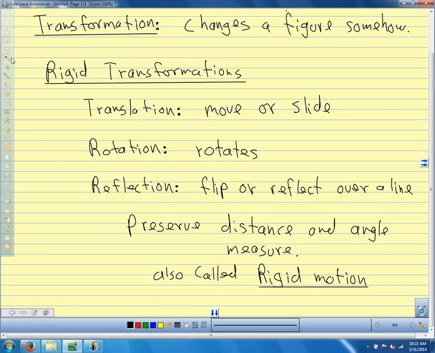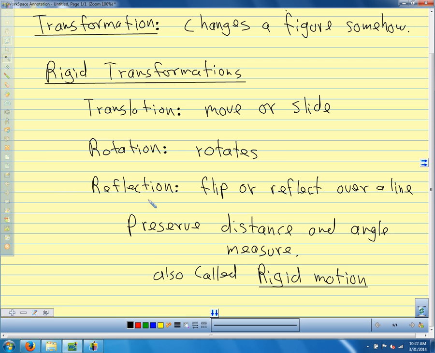So that's going to be our more technical idea of congruence, is if we can take one figure, move it, rotate it, reflect it, put it right down on top of the other one and they're exactly the same, that is how we know that they're congruent. So we can do some series of rigid motions and we can put one exactly on top of the other. That's how we're going to define a more technical definition of congruence.